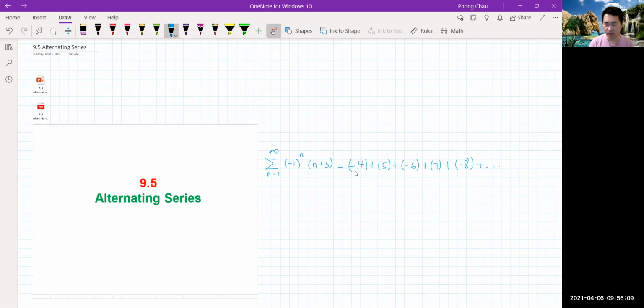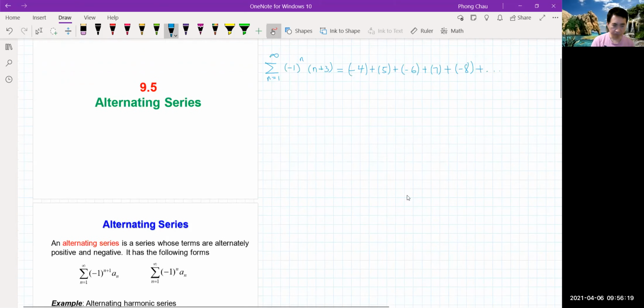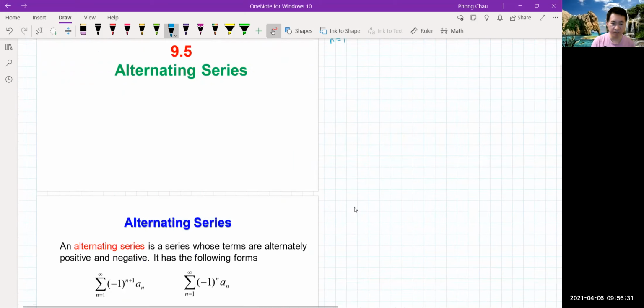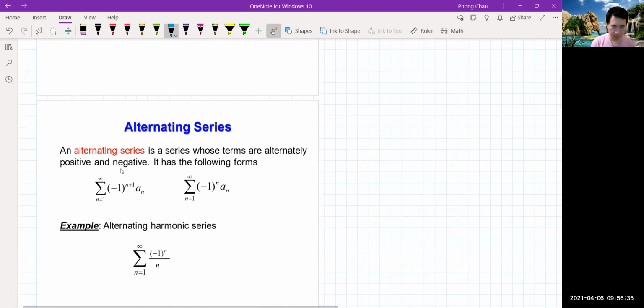So we'll be interested in knowing whether the series converges or diverges when you have the signs alternately changing. Let's look at the actual definition. An alternating series is a series whose terms are alternately positive and negative.